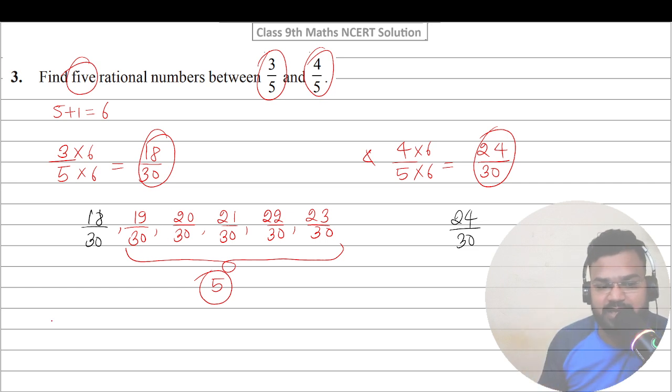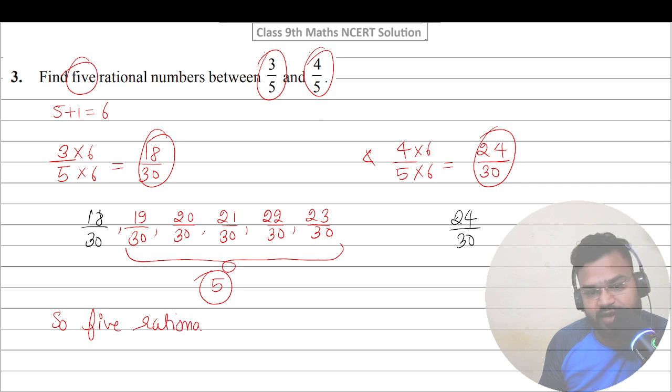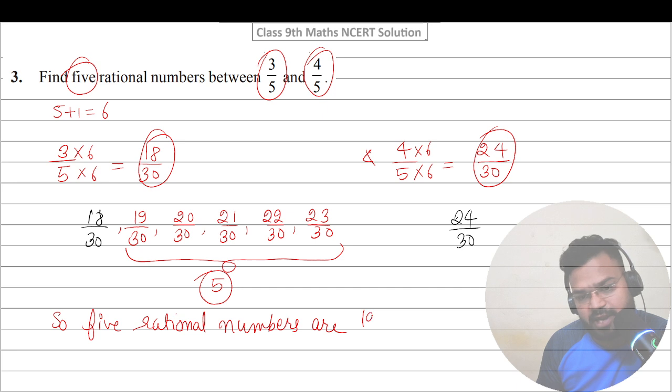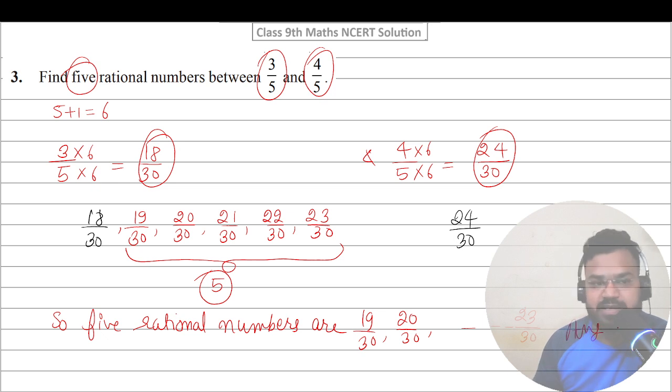So your final answer will be: the 5 rational numbers are 19 by 30, 20 by 30 to 23 by 30. Yes or no? And this will be your answer.